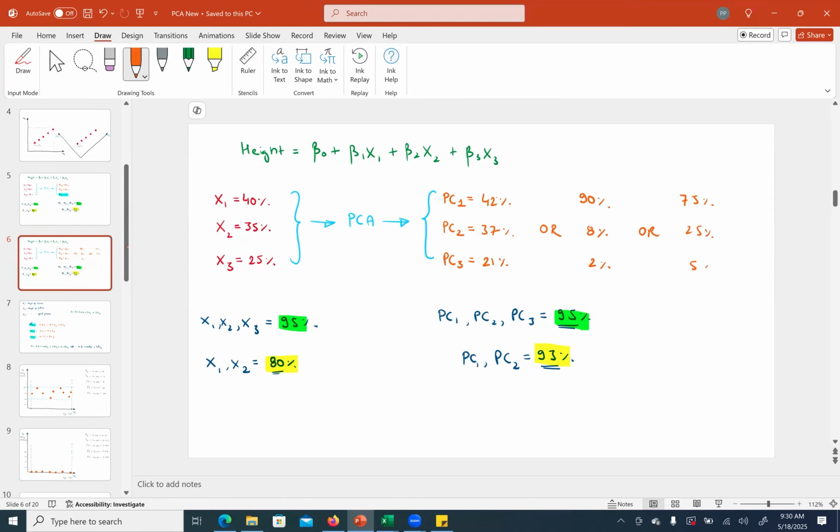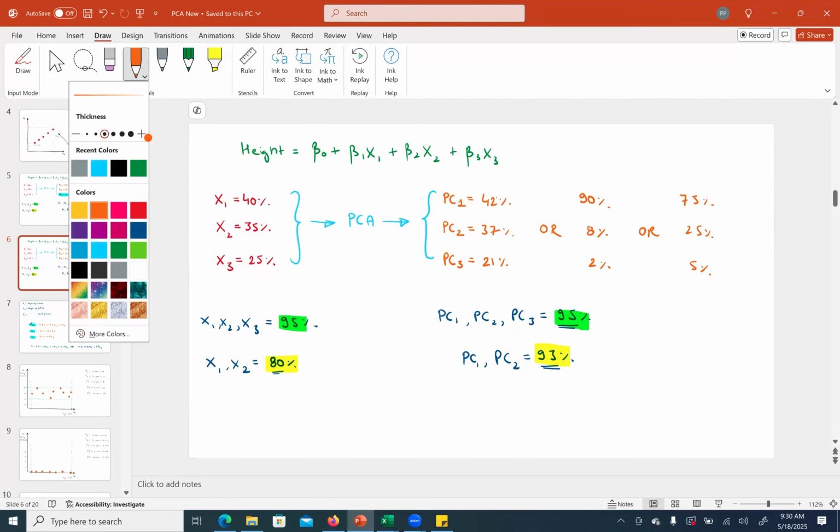25%, 5%. So here the PCA performance is as expected, not very good, not very bad, but as expected, right? There can be a case where the PCA is not working altogether, like this 42%, 37%, 21%. So PCA is not working at all.